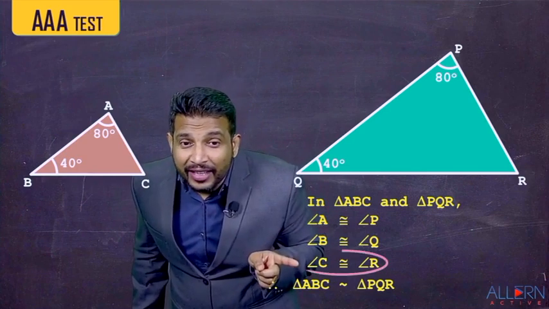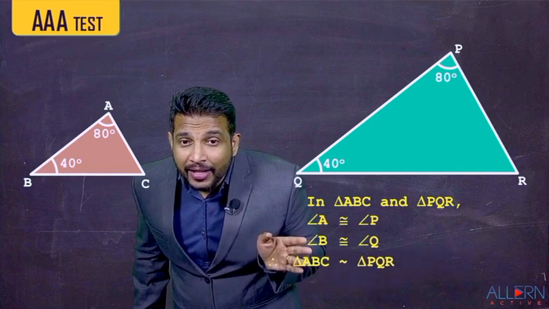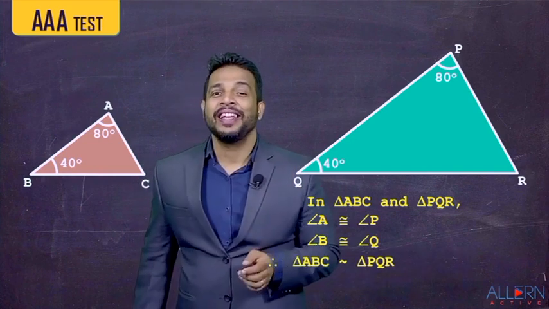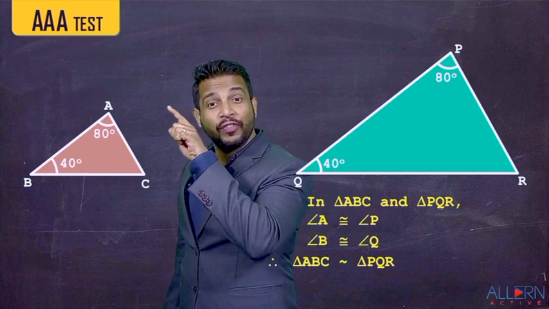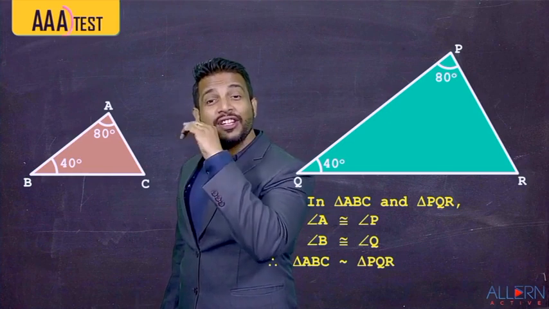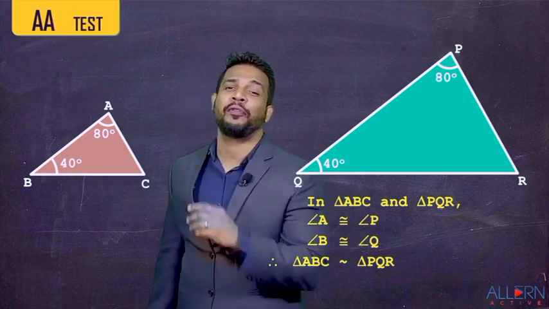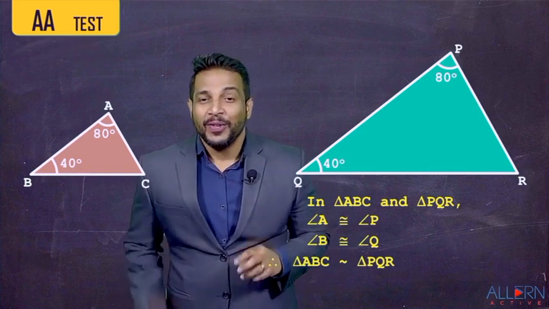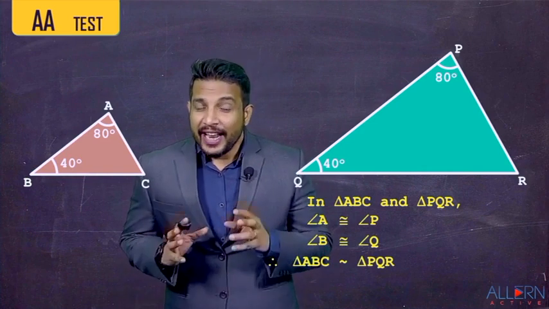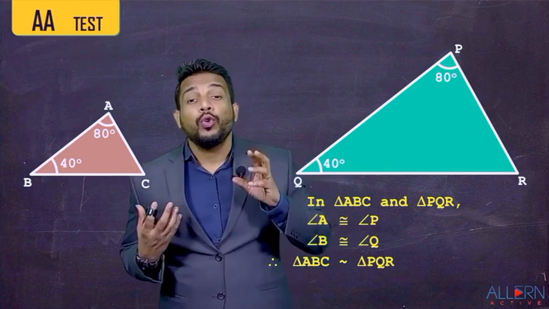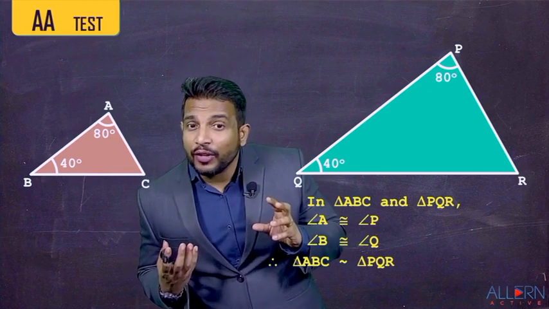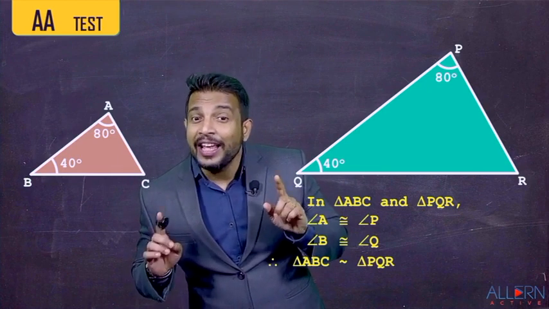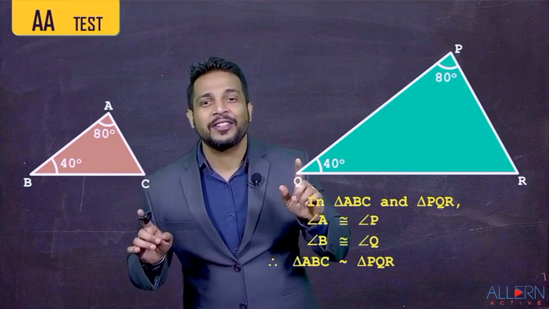That means even if we don't consider this third pair, still we'll have the triangles to be similar. That means this test, instead of writing it as AAA test, we can just simply write it as AA test of similarity. So that means what we have learned is, in any two triangles, if two pairs of corresponding angles are given congruent, we can easily say both the triangles are similar.